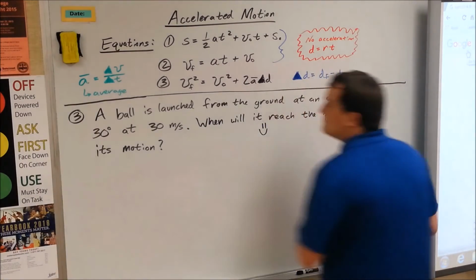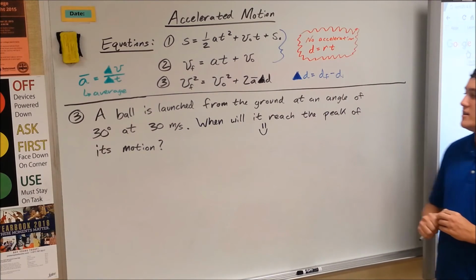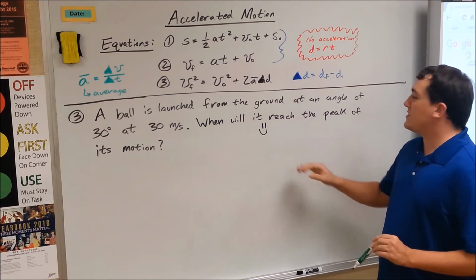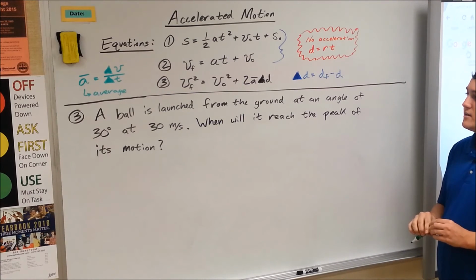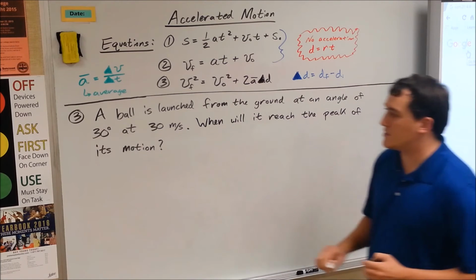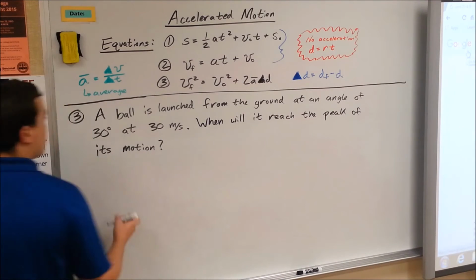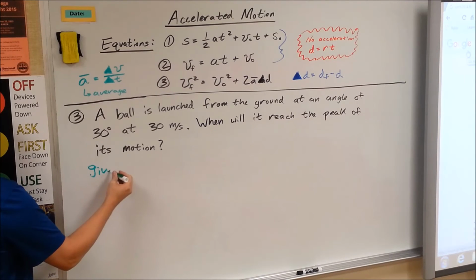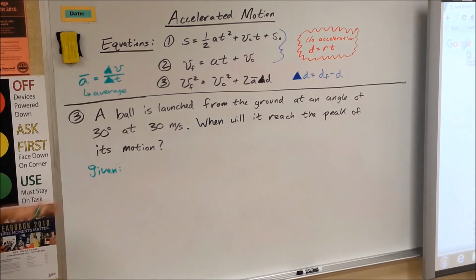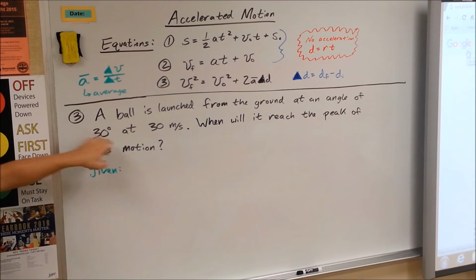Number 3. A ball is launched from the ground at an angle of 30 degrees at 30 meters per second. When will it reach the peak of its motion? Alright, so let's list our givens. They give us a vector because it has an angle and a magnitude.